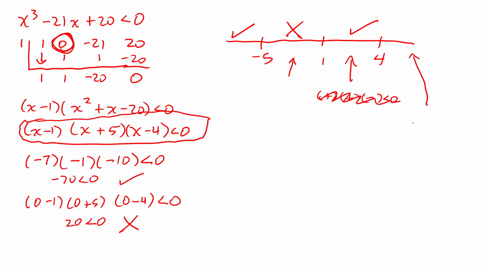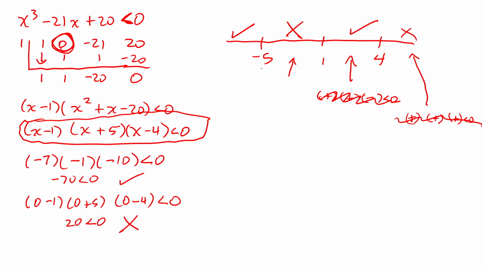I could pick any number, let's say 100. 100 minus 1 is positive, 100 plus 5 is positive, and 100 minus 4 is positive. Well, is a positive times positive less than 0? No, it is not. Now, we started with a polynomial inequality, and we only have a less than sign. We don't have less than or equal to.